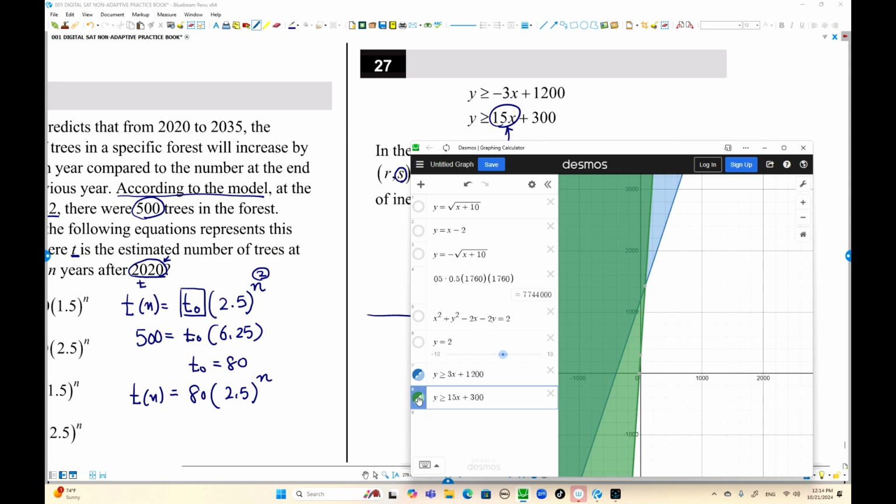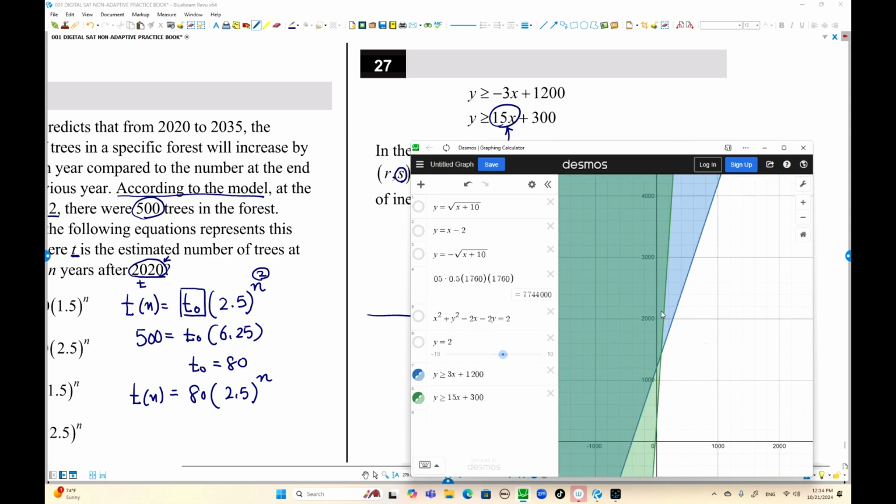So here, this is it, and they are only above the graph together. This area, right? So at this intersection point, when x is 75, y equals 1425.